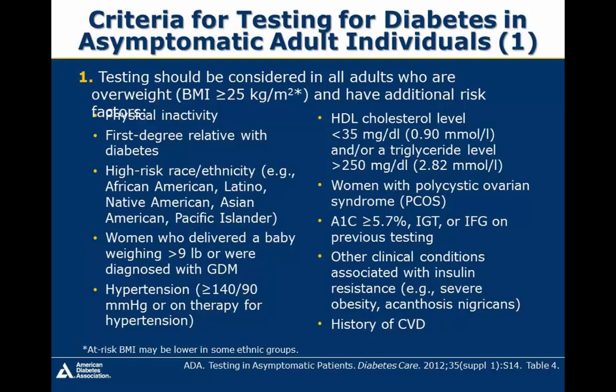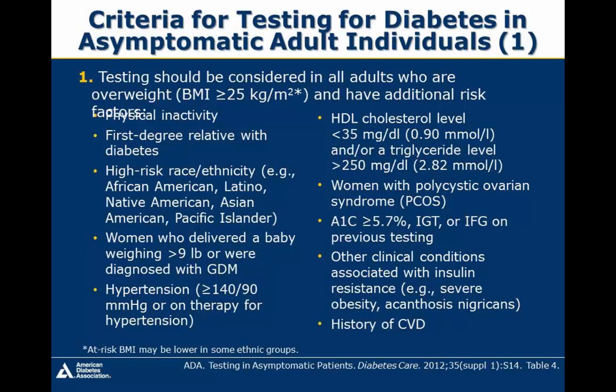Now, it's very, very important to screen for diabetes, and screening is recommended. The problem is that many patients are completely asymptomatic and unaware that they have diabetes for years. So who do you screen?